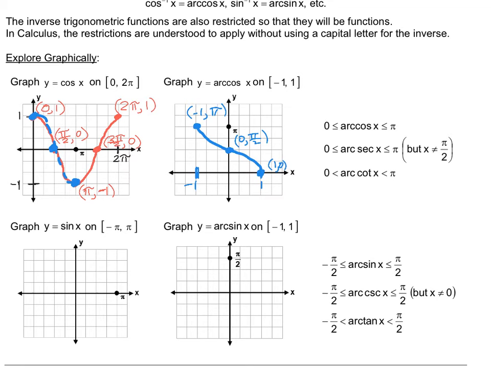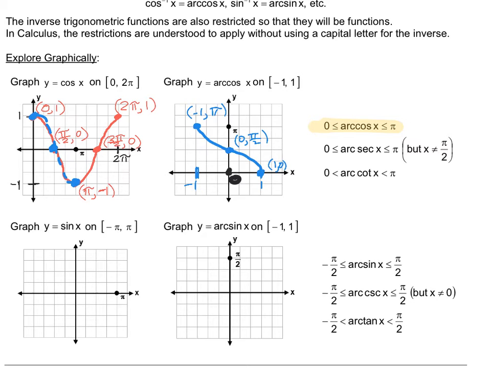All right, so anyway, your range, if you just look at it on the side, I have little notes here. Our arc cosine exists between 0 and pi, right? So if you're looking at the y-axis here, there's 0, and here's pi at this location right here.